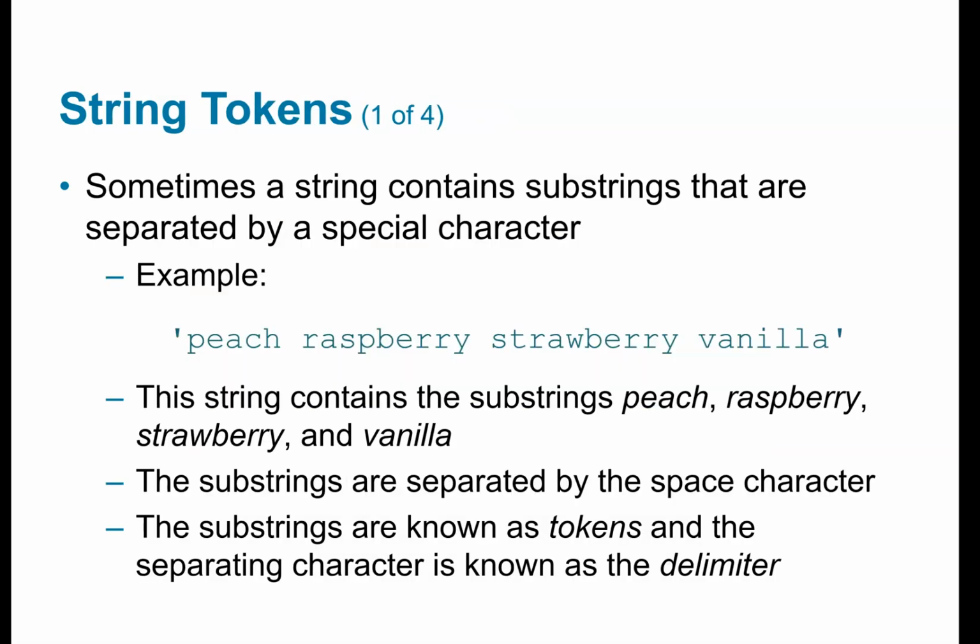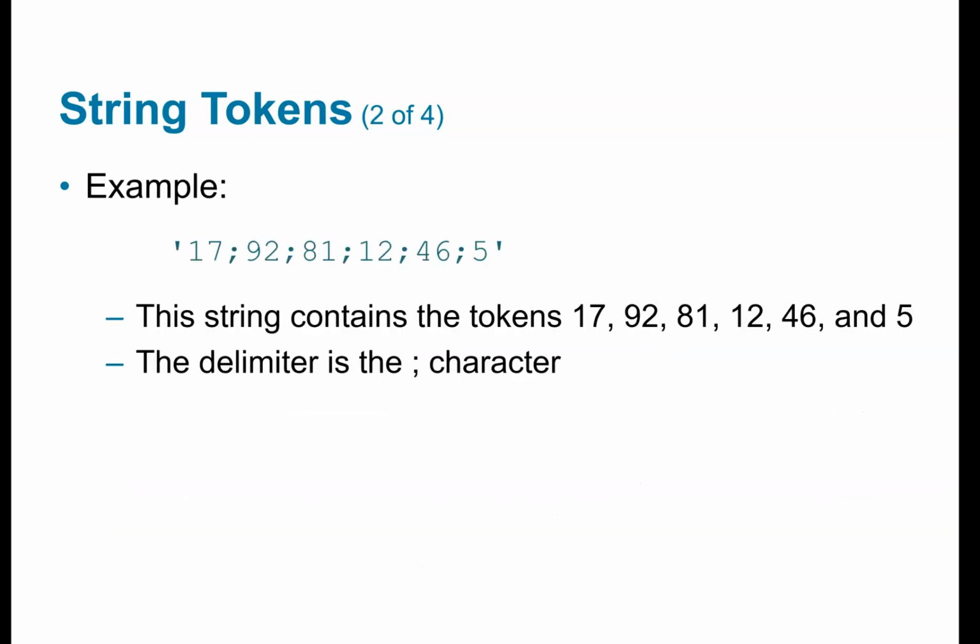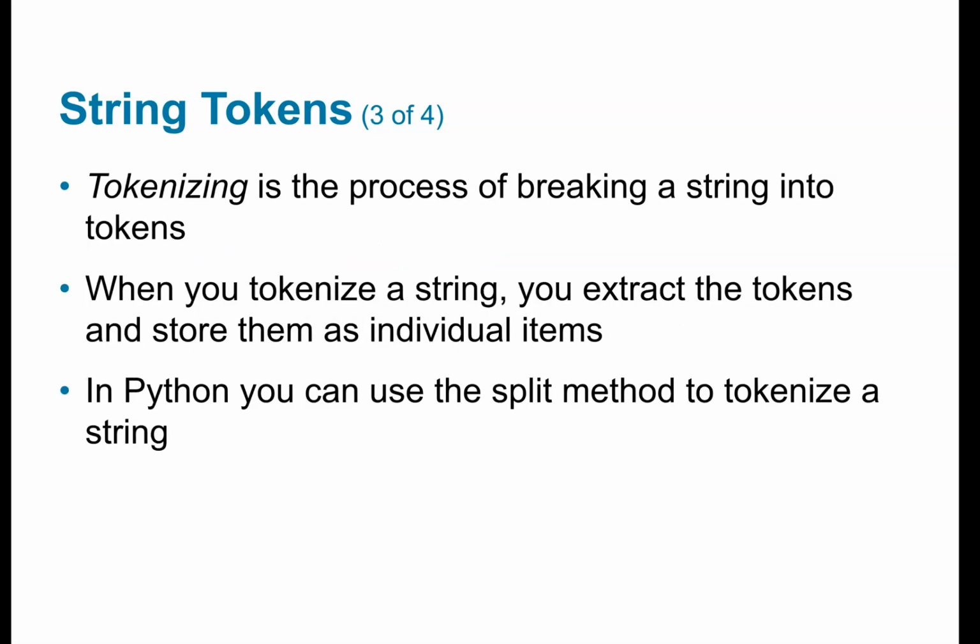Sometimes a string contains substrings that are separated by a special character. This string contains peach, raspberry, strawberry, and vanilla separated by a space. The substrings are known as tokens, and the space between them is known as the delimiter. So in this case, the numbers would be the tokens, and the semicolon is the delimiter. Okay.